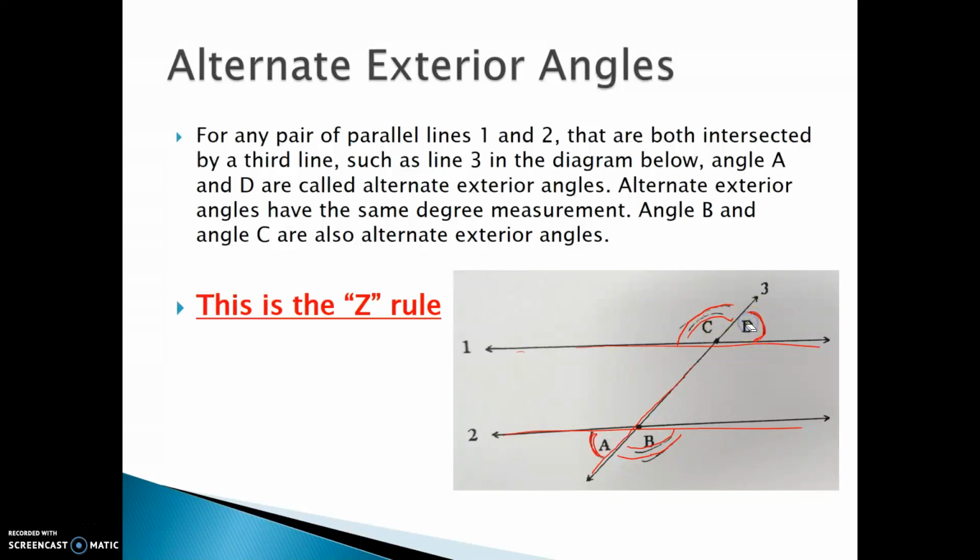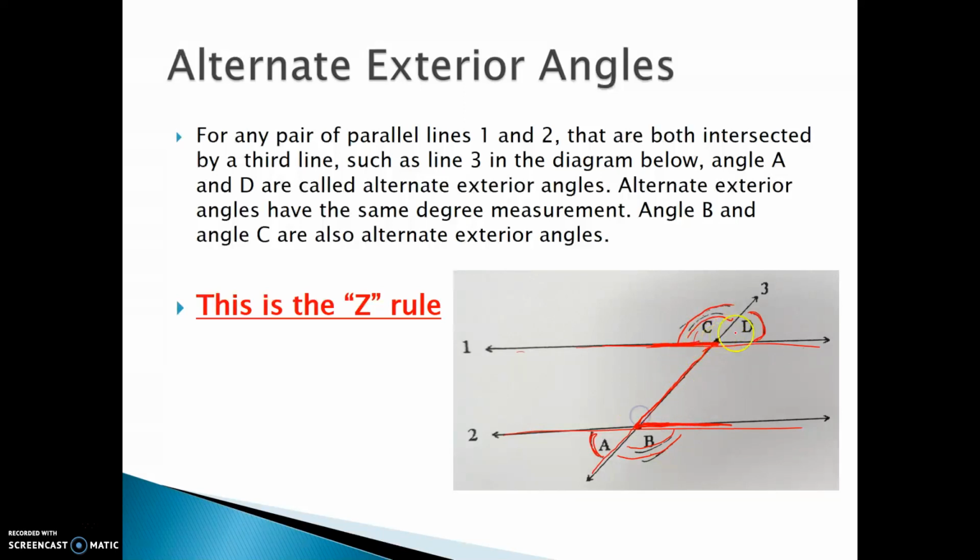The reason I call this the Z rule is because you can draw a line starting at the top, down the intersecting line, and over the bottom to see where the angles are that are equal. Up here, angle C borders the top of the Z, and angle B borders the bottom of the Z, so those are equal.